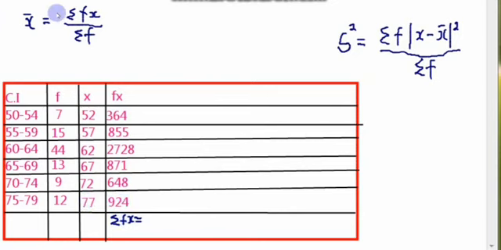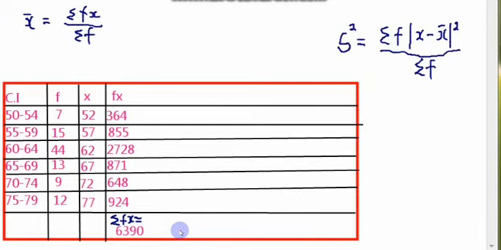The next thing is the summation of fx from the mean formula, which means adding everything under fx. If you add 364 plus 855 plus 2,728 plus 871 plus the rest, when you add everything, you will get 6,390.